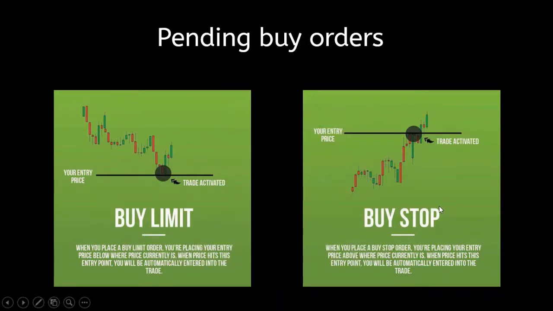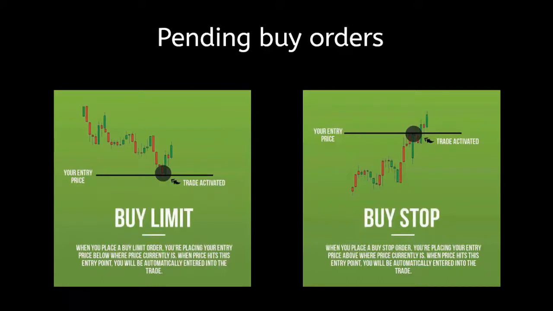So I will opt for pending orders, which are orders that you set in advance and that are basically conditions for the market. So only if price goes to the price level you set in the order, it's not going to open an order until it goes there.